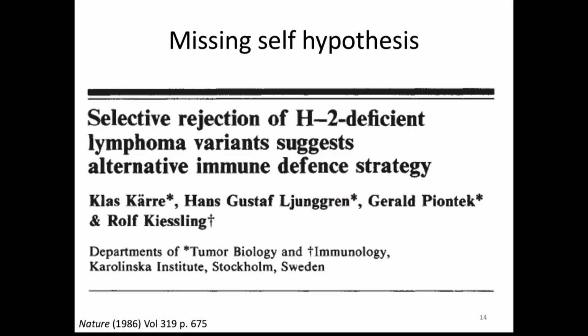So Klaus Kärre had a couple of different strains of mice. One strain of mice had the H2D type of MHC. One strain of mice had the H2B type of MHC.